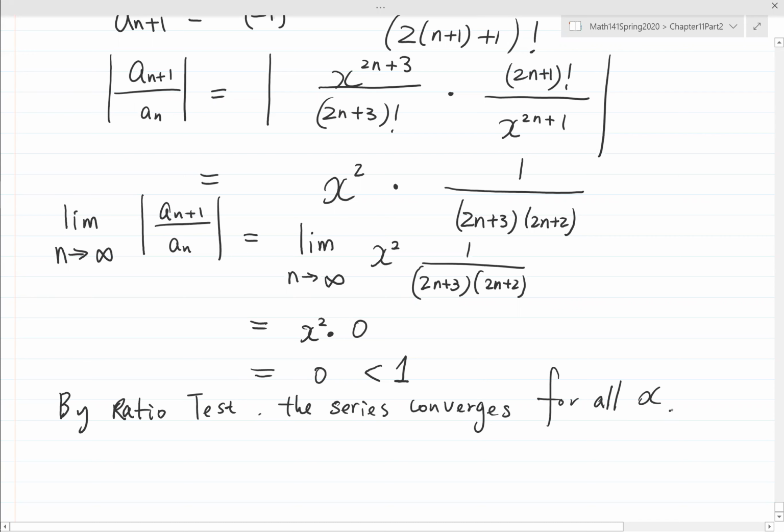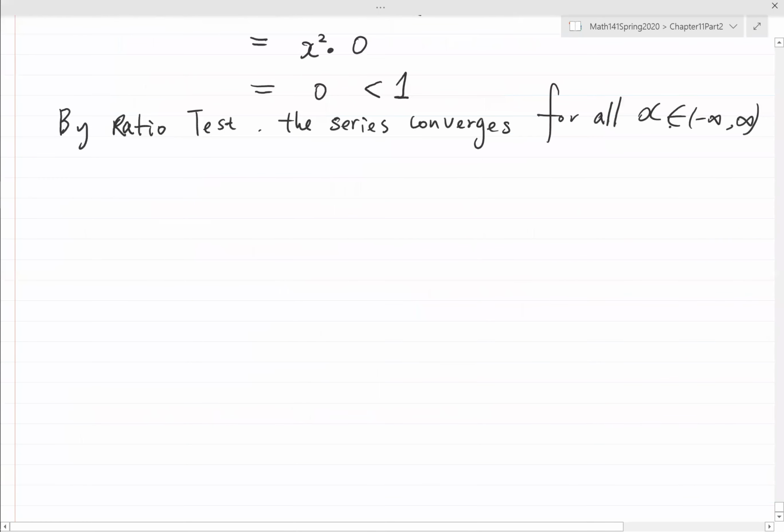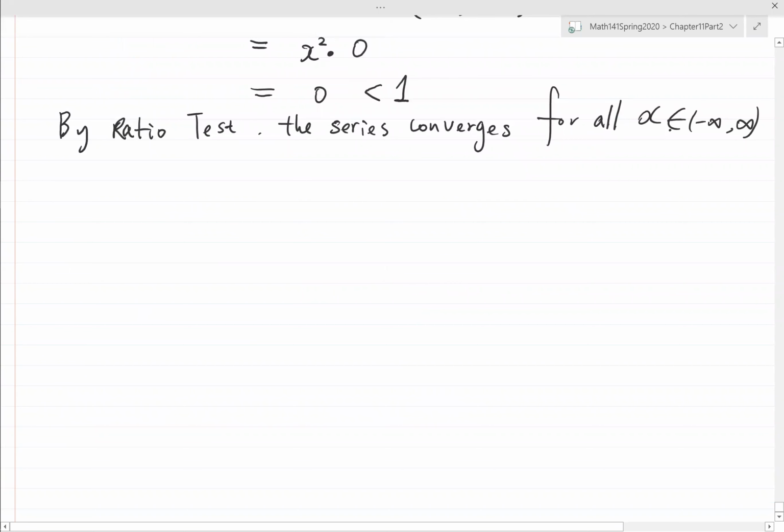The interval of convergence is negative infinity to positive infinity. The radius is of course infinity. Okay, this is how we determine the convergence for a power series. Now we go to the next section.